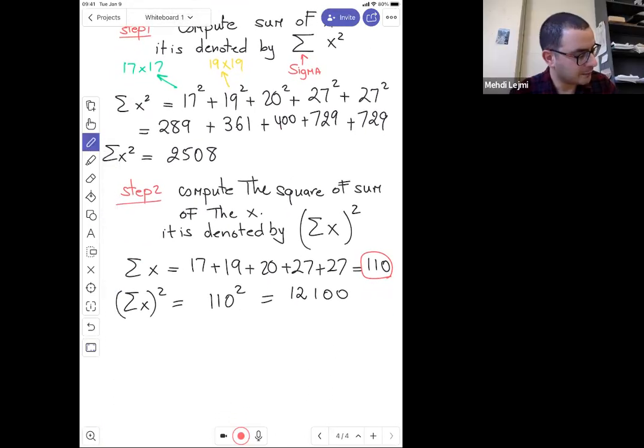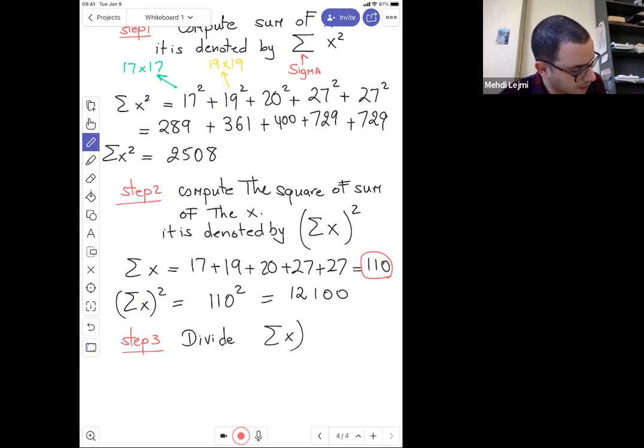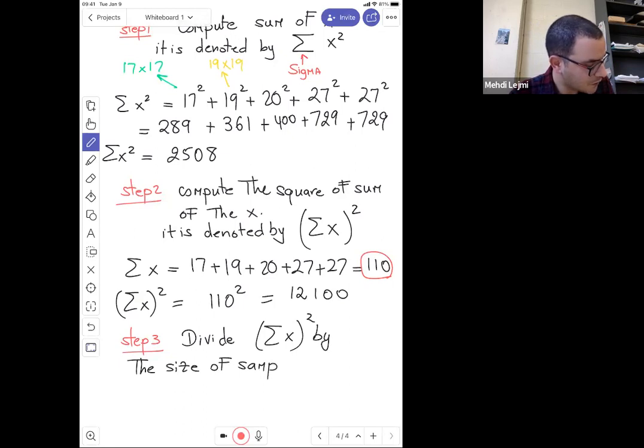So in step 3, what we do is we're going to divide this square of the sum by the size of the sample. So the size of the sample, that's the number of data values, right?